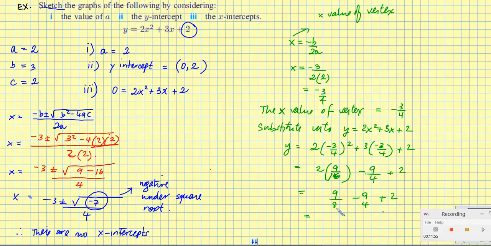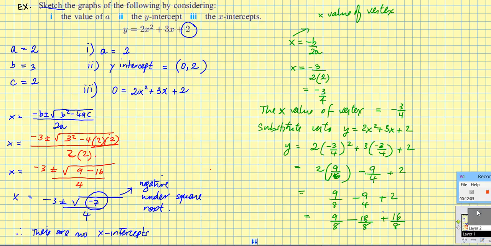Getting a common denominator, it's 9 over 8 minus 18 over 8 plus 16 over 8. And therefore we have 9 minus 2, which is 7 over 8. So we now know that the vertex is going to be at negative 3/4 and 7/8.